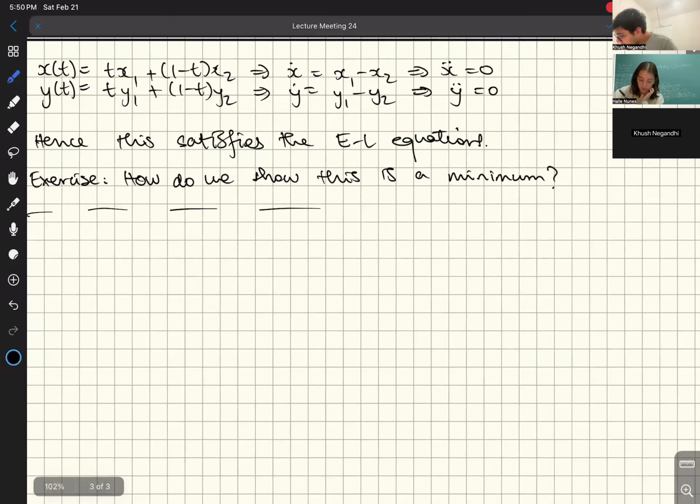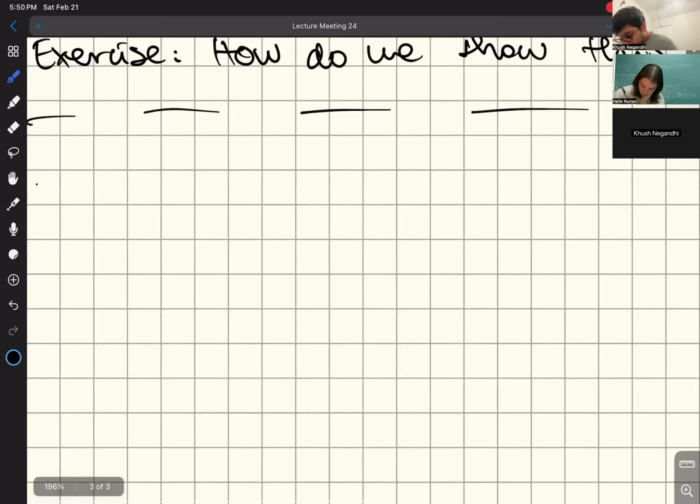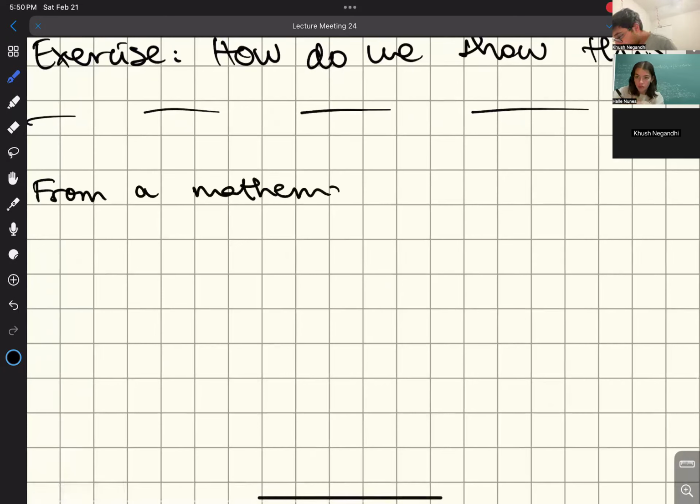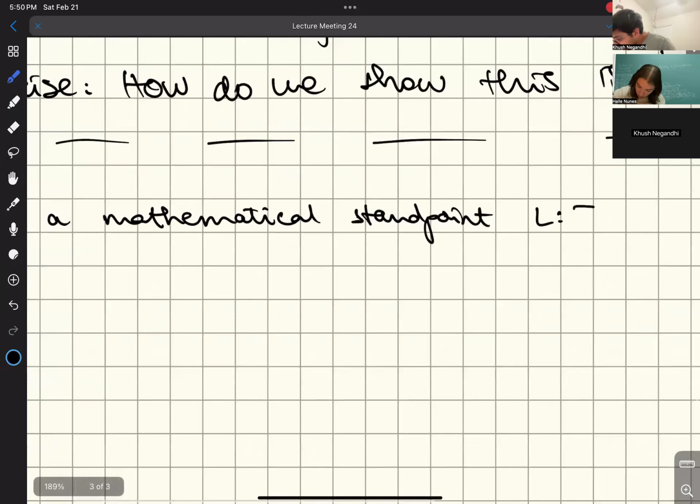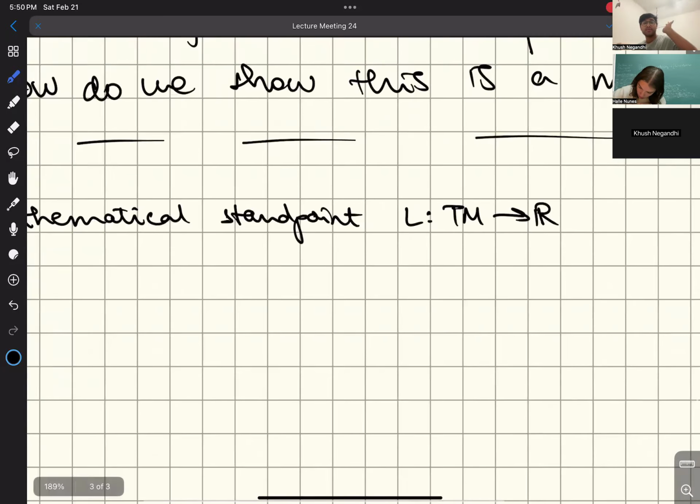From a mathematical standpoint, L goes from the tangent bundle into R. It doesn't have to be linear on each fiber. It doesn't have to satisfy any properties. All it has to be is smooth, right?